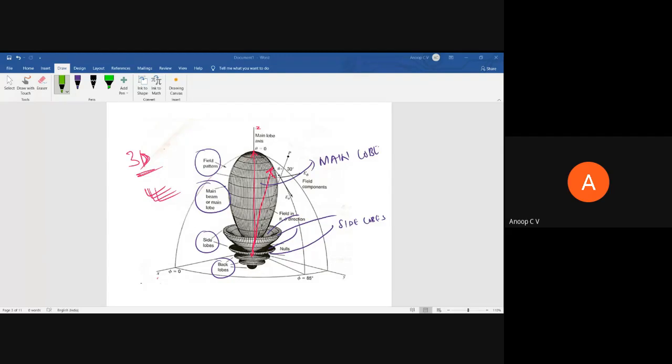So at any given direction, the power or field intensity is given by the length of the line segment from the origin to that point of the radiation pattern. It will be proportional to that. Are you able to appreciate that at least? And what about taking two principal cuts? I'm not so clear, sir. Not so clear. Okay, fine, no problem.